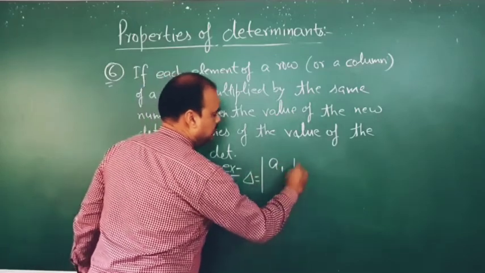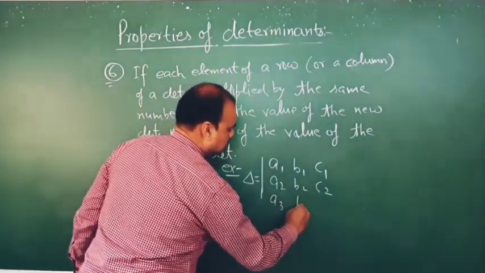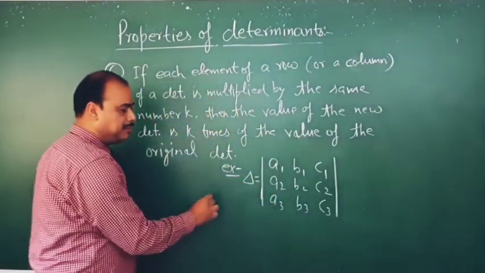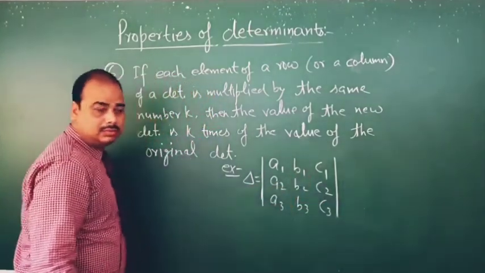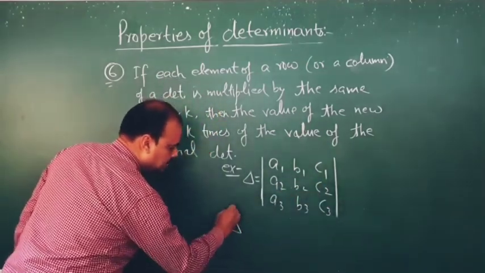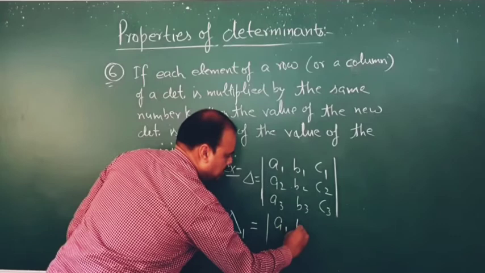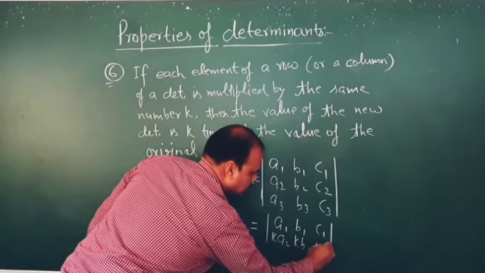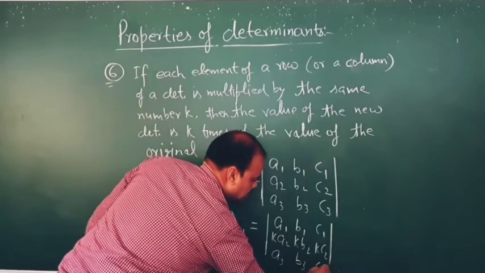A1, B1, C1, A2, B2, C2, A3, B3, C3. If we multiply each element of the second row, that is A2, B2, C2, by k, then the new determinant delta 1 will be A1, B1, C1, KA2, KB2, KC2, A3, B3, C3.